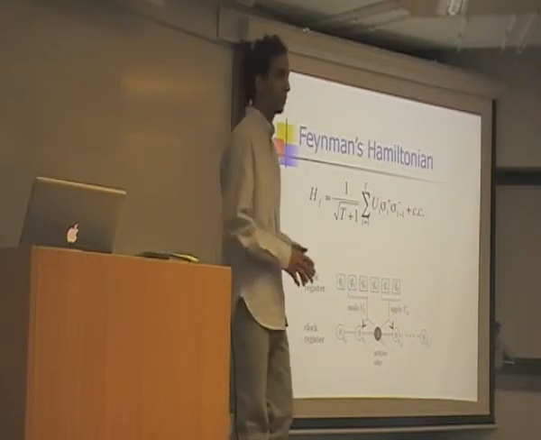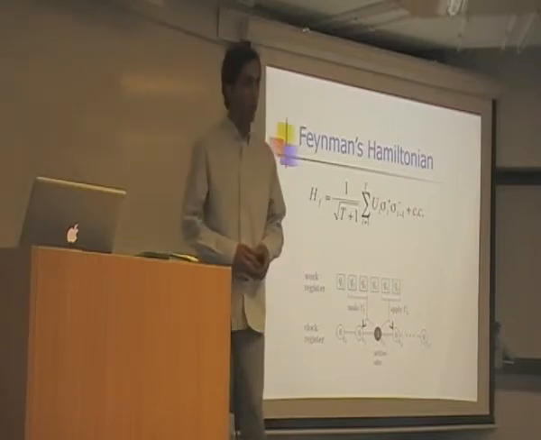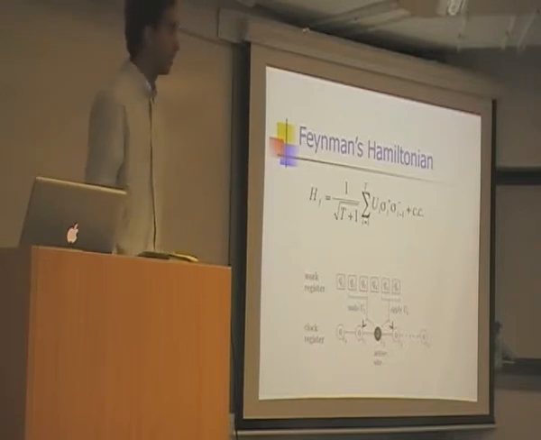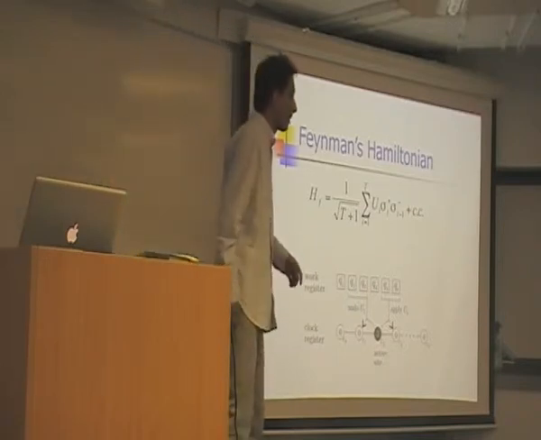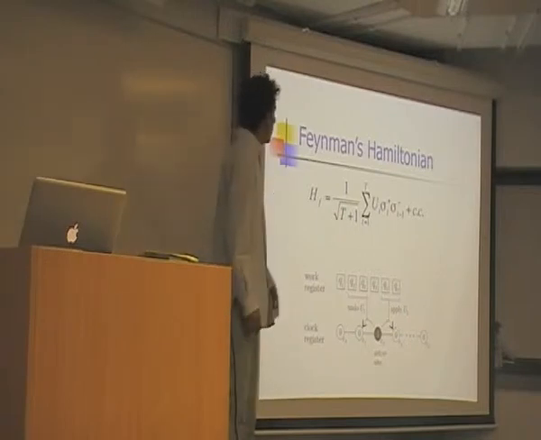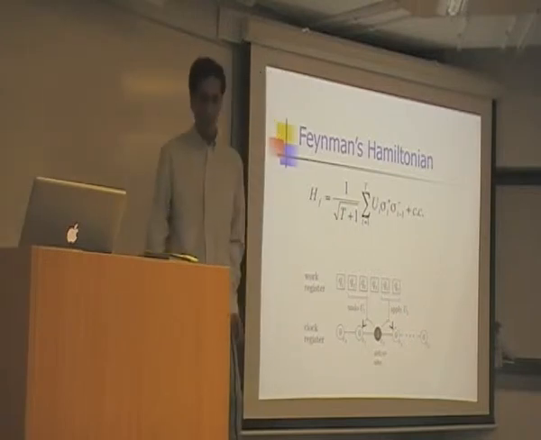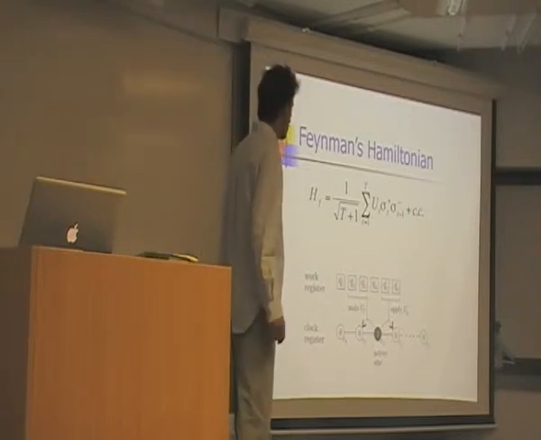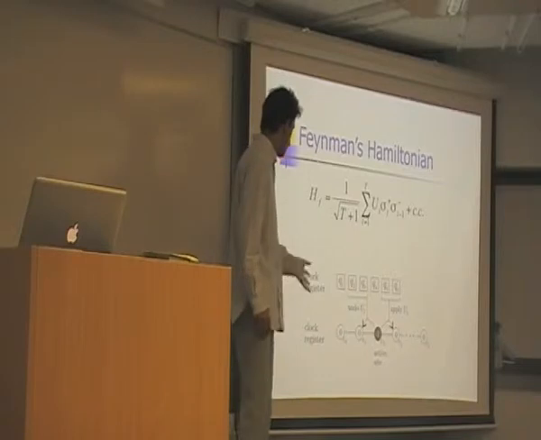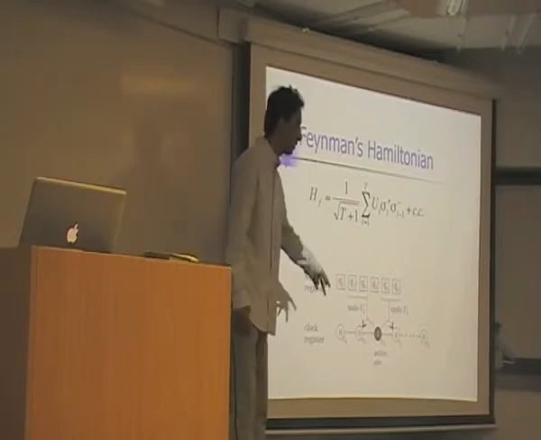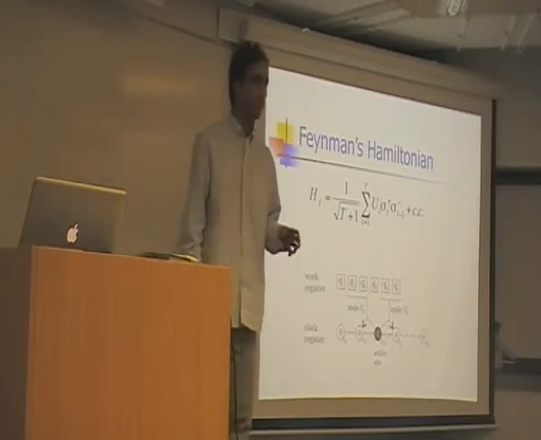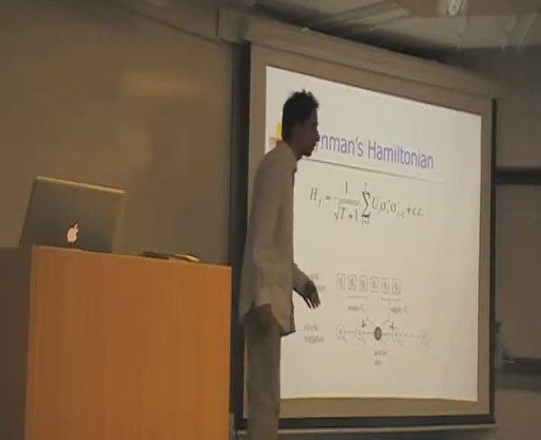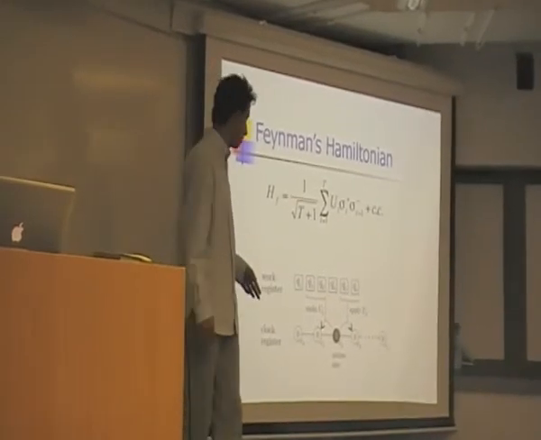Actually, the first computational model in the history of quantum computation was not the quantum Turing machine, but a continuous walk on a line. Richard Feynman in 1985 proposed a Hamiltonian, as you see here, and he considered a system consisting of two registers, one word register and the other a clock register that he named the cursor.